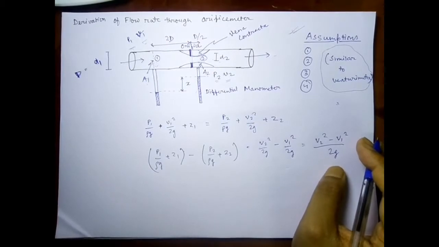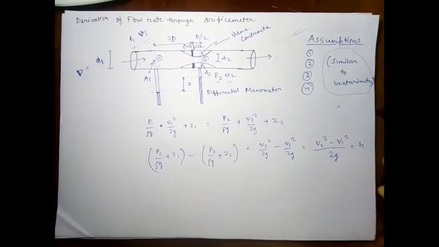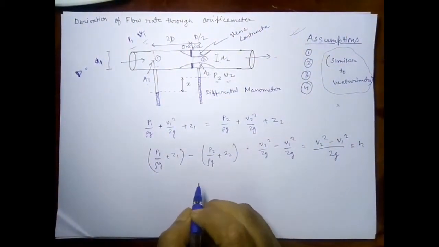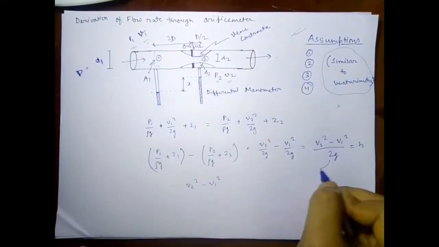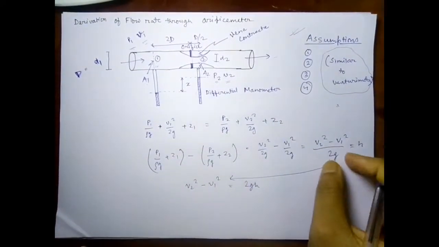Now, as you know, h is the differential head and it is equal to V2 square minus V1 square upon 2g. So from here I can say that V2 square minus V1 square is equal to 2gh.